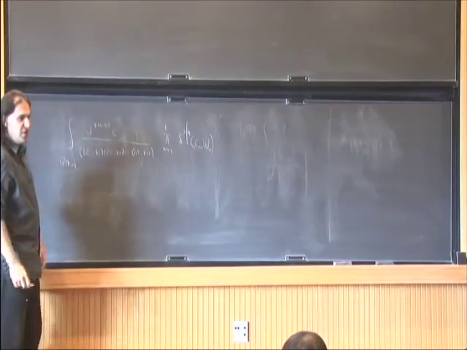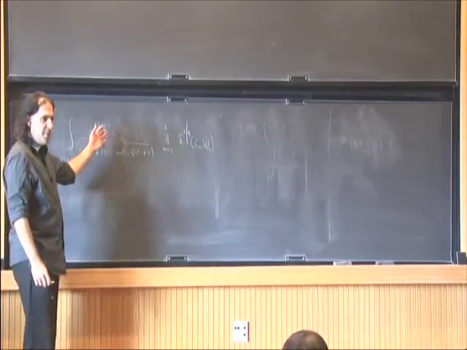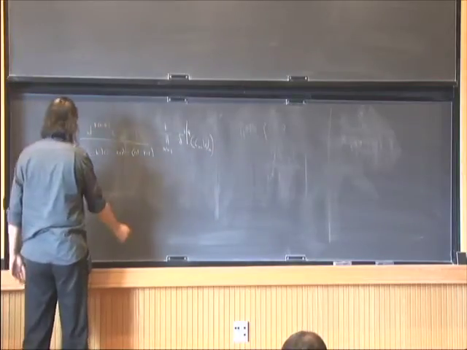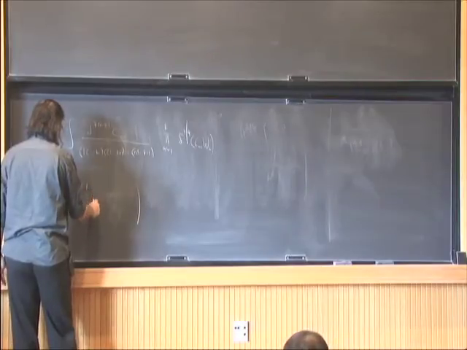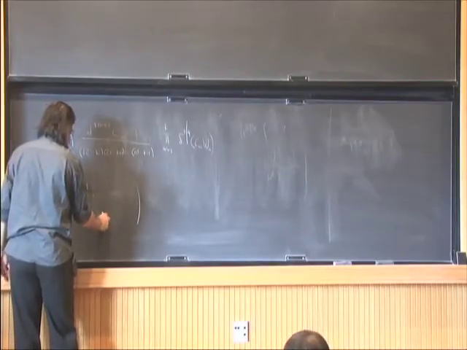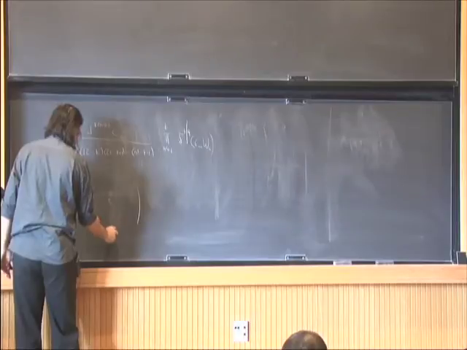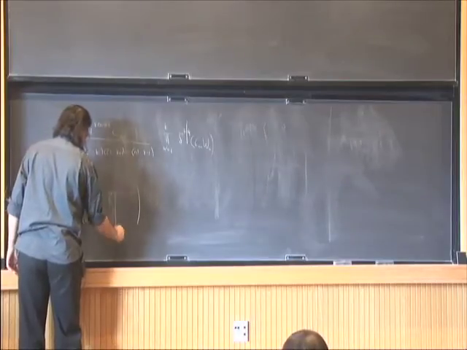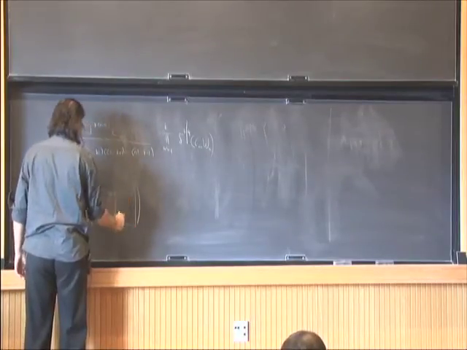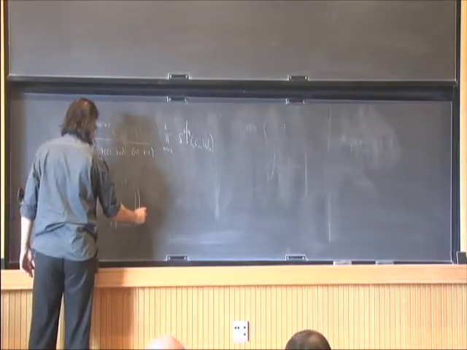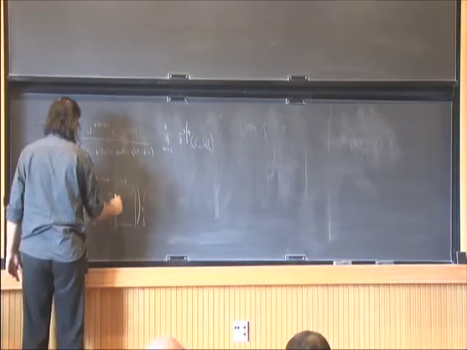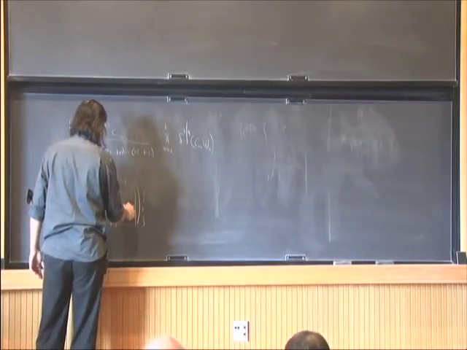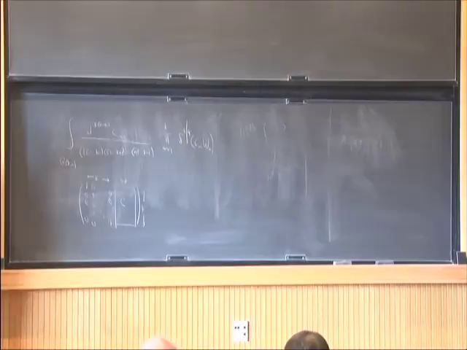I'm parameterizing the point in GKN, let me choose these coordinates, by parameterizing the k by n matrix in this way. We can do it any way we like, but then I have my n minus k by k variables.